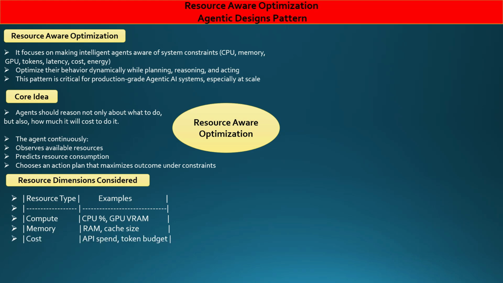Third is cost: API spend and total budgets. Total token usage maps directly to money, with budget limits per request or per day. Next is time, latency and deadlines. Latency affects user experience and the deadline is the system SLA.